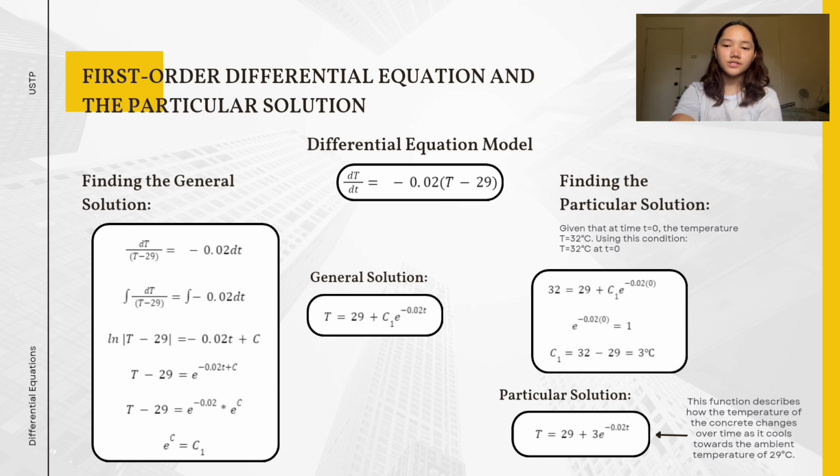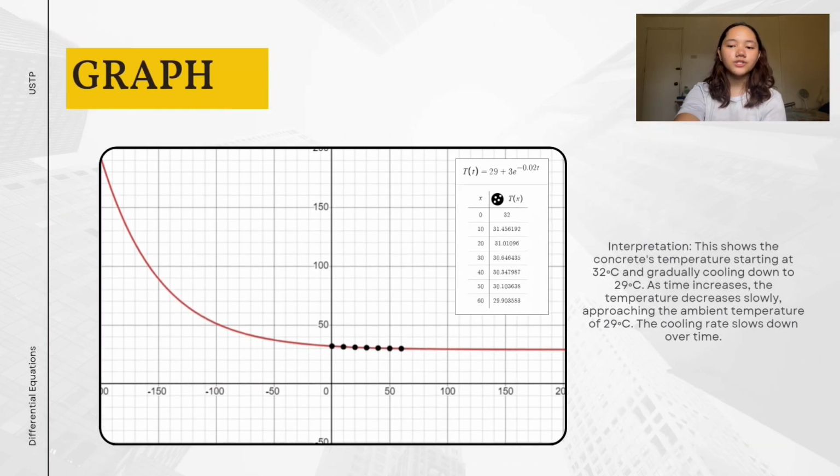When finding the particular solution, we substitute c1, which is 3 degrees Celsius, into the general solution. Then, the particular solution is temperature equals 29 plus 3 times e raised to negative 0.02 times time. This function describes how the temperature of the concrete changes over time as it goes towards the ambient temperature of 29 degrees Celsius.